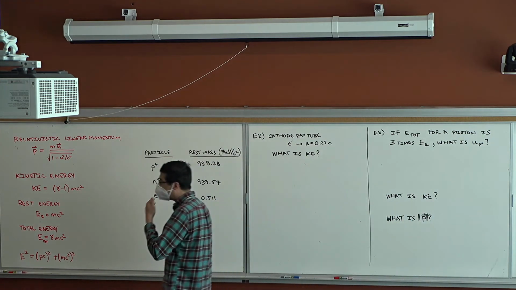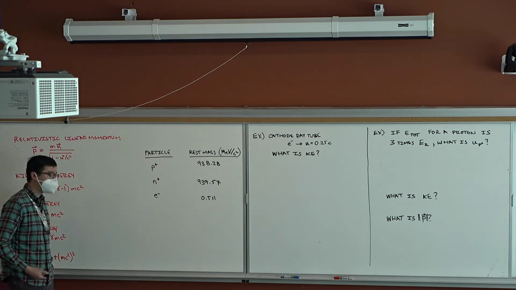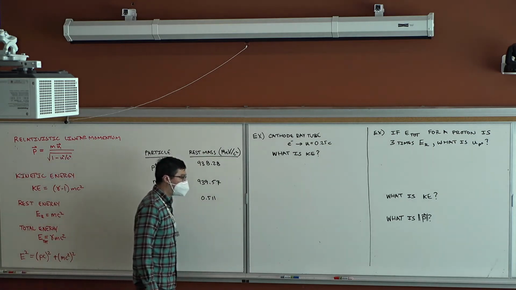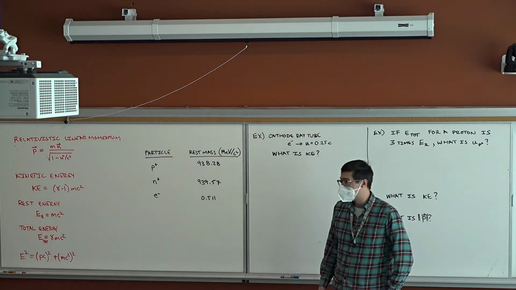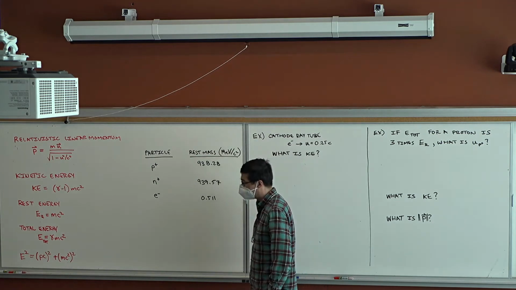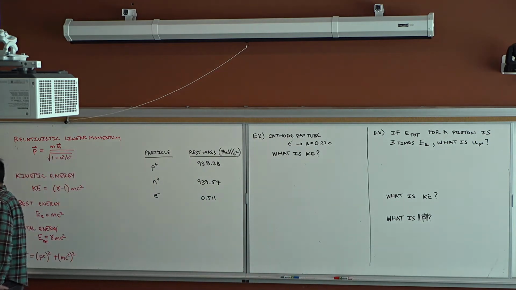We have been talking about relativity, and most recently have been looking at space-time intervals. So delta S squared is c delta t squared minus delta x squared minus delta y squared minus delta z squared.